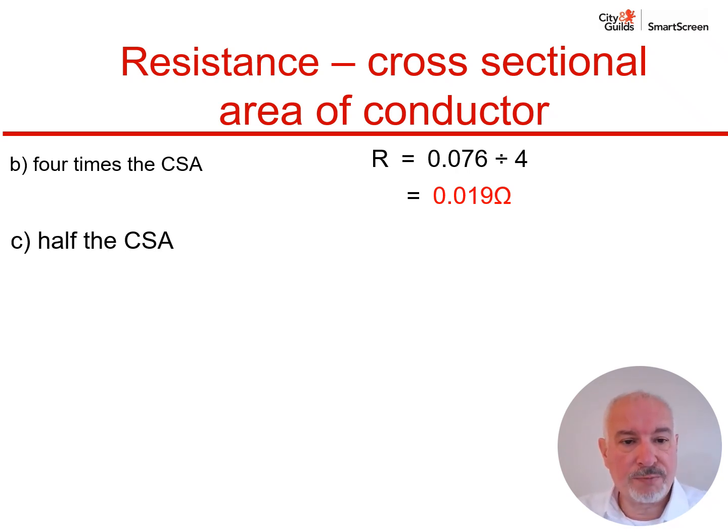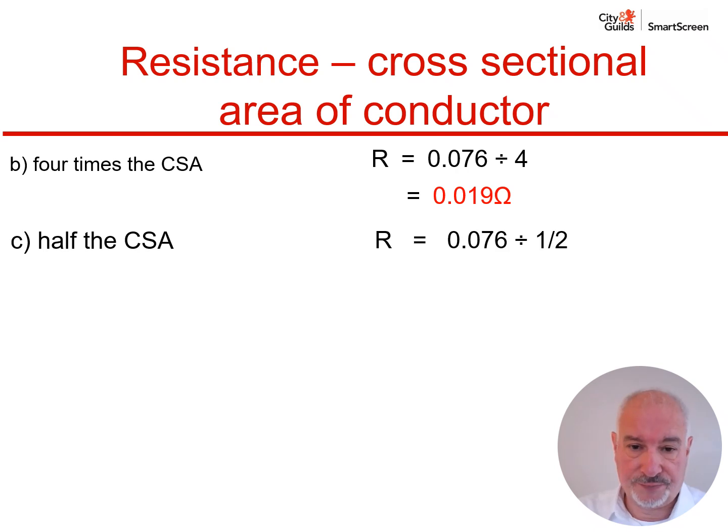And then part C of the question, what about half the CSA? Well, this time we take the resistance that we were given originally, 0.076, and we divide by a half, 1 over 2. And that gives us a total resistance of 0.152 ohms. You notice there that dividing by a half is the same effect as multiplying by 2.